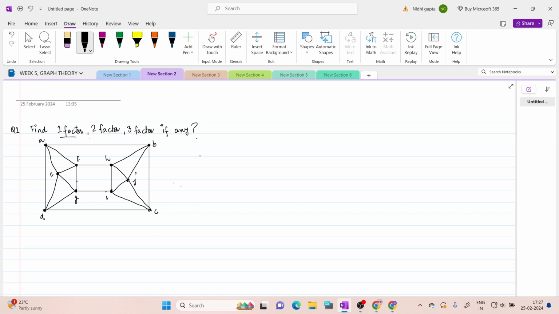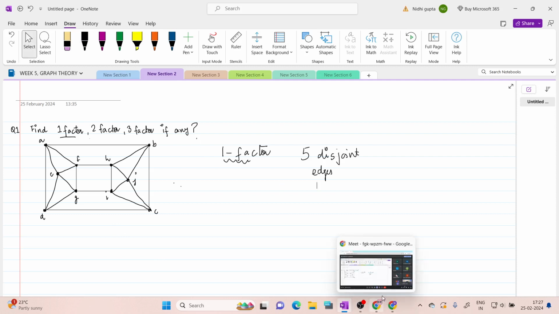So one factor is a perfect matching. Basically this graph has 10 vertices, so you have to find 5 disjoint edges. If it has a one factor, that means it has a perfect matching. So does this graph have a perfect matching? If it has a perfect matching, then we have found our one factor.